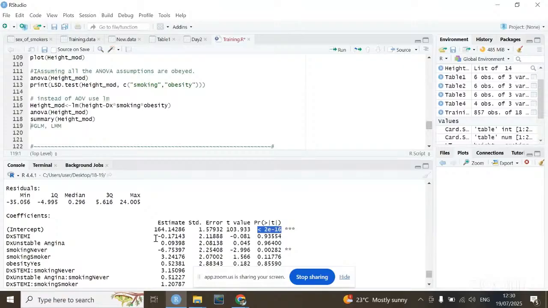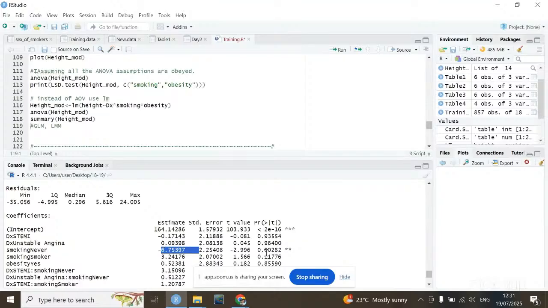Then also, the diagnosis, when you look at those with the STEMI, there's a negative association, but negative relationship, but there's no significant difference. When you look at the smoking, there's a negative relationship.